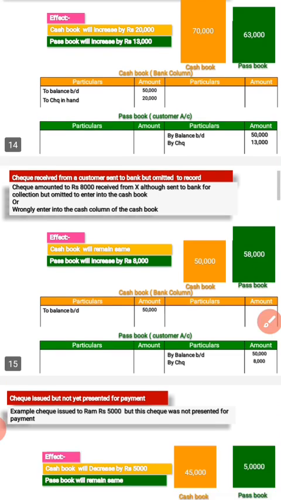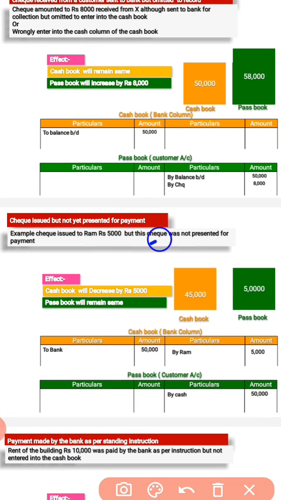Clear? Next reason is check issued but not yet presented for payment. Means we have issued a check to a supplier for making payment, but that check was not presented for payment in the bank. Example, check issued to Ram, 5,000, but this check was not presented for payment by Ram in bank. From our side we have issued a check.